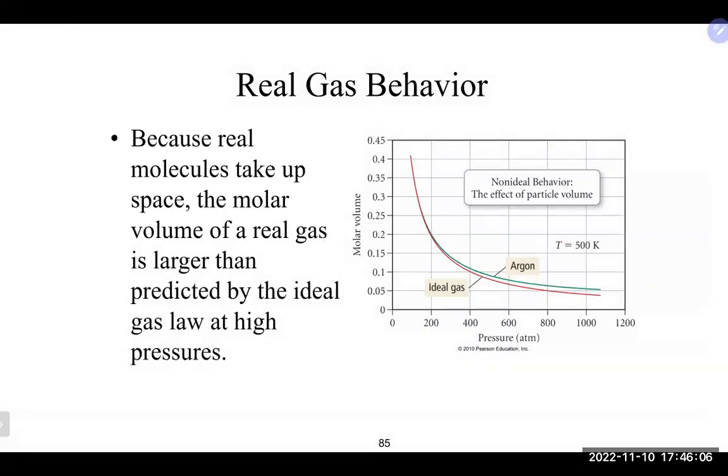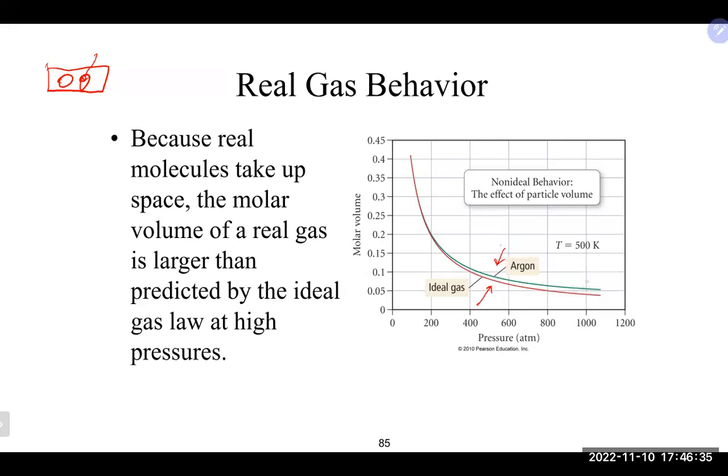So because real molecules really do take up space, as sort of my drawing there, in that really small volume, the gas molecules volume is no longer going to be considered sort of negligible compared to the space it's in. We do have to sort of take into account the actual volume of the gas in real gas situations. And that's what we see here. We see argon in sort of a real gas situation versus an ideal situation.